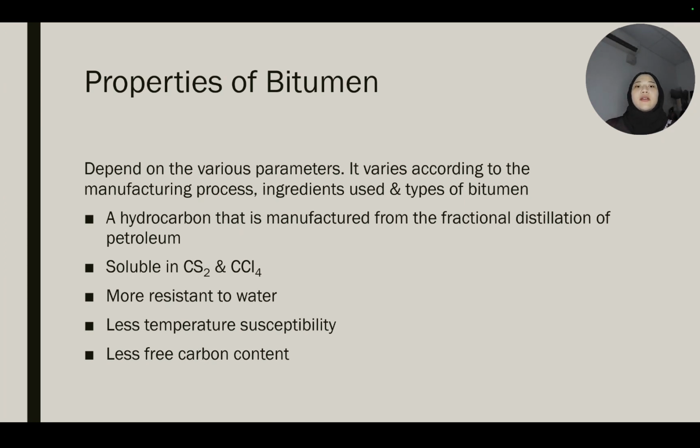They vary according to the manufacturing process, ingredients used, and type of bitumen. It is a hydrocarbon that is manufactured from the fractional distillation of petroleum, soluble in CS2 and CCl4, more resistant to water, with less temperature susceptibility and less free carbon content.